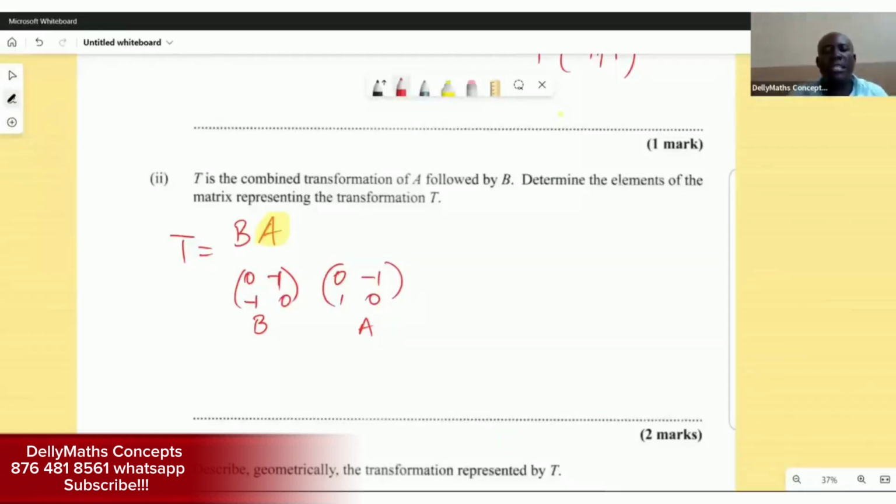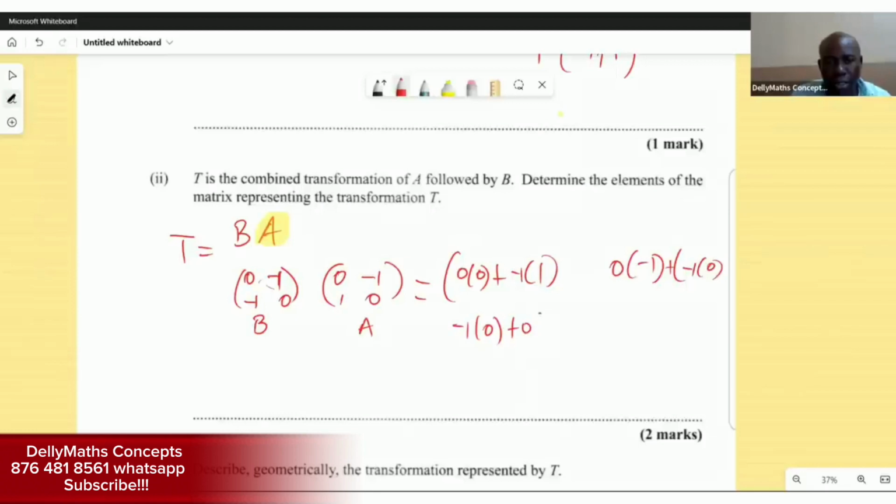So what I'm saying is this is what we need to multiply, row by column. So we're talking about 0 times 0 plus -1 times 1. Then 0 times -1 plus -1 times 0. Underneath now, -1 times 0 plus 0 times 1.